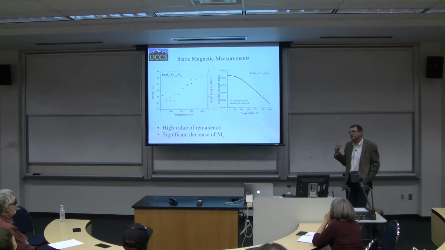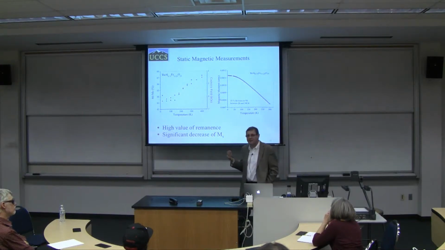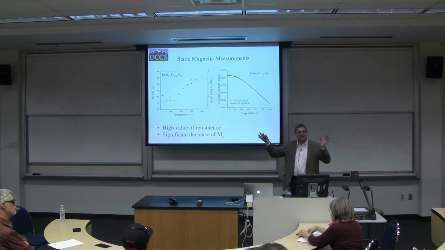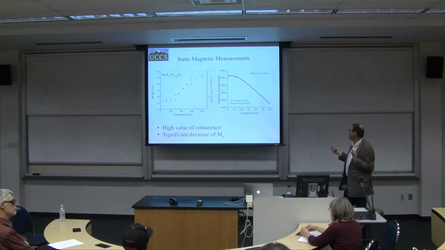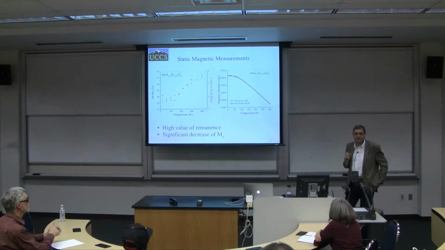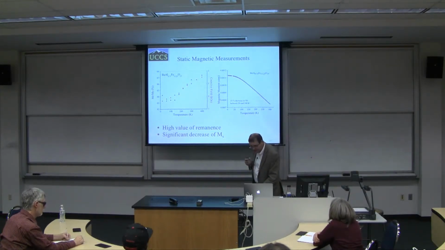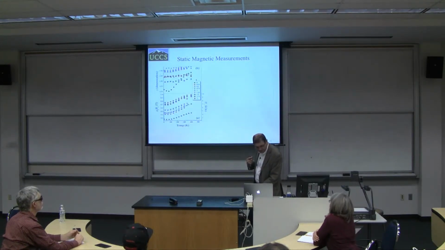The reason for this is very simple. I have vibration in my lattice. These phonons go around and kick magnetization out, they misalign it, and therefore what I measure at, let's say, room temperature is reduced by 35%. This is something which I also have to keep in mind when I'm designing my materials for particular applications.